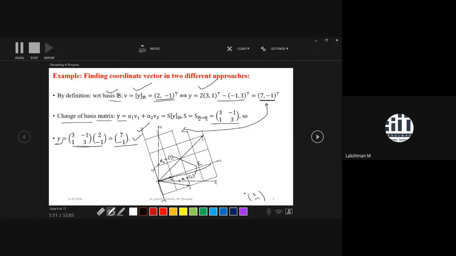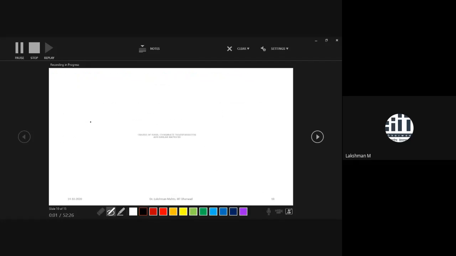With respect to the standard basis, you walk 7 units along the x1 axis, then 1 unit along the negative x2 axis. The point is same, only the representation has changed. So how do you obtain those representations? By definition, by the change of basis matrix, or by the Gaussian elimination method.